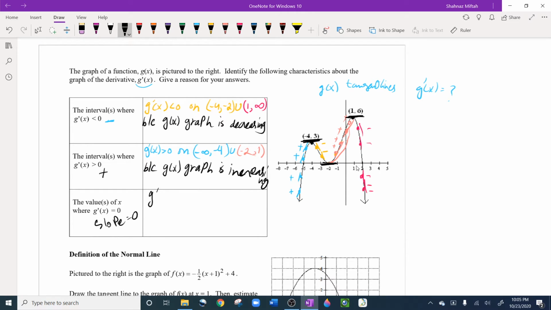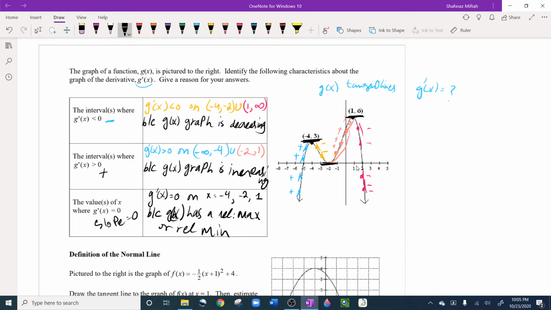So you're going to say g prime of x is equal to 0 on x equals -4, -2, and 1, because g of x has a relative maximum or relative minimum.